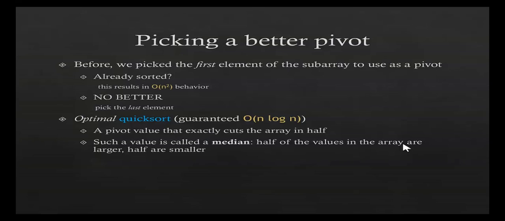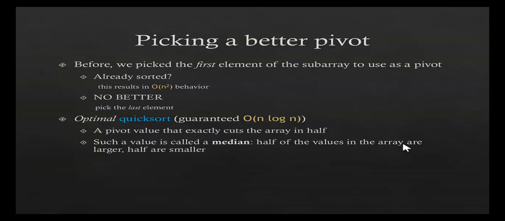This value is called the median. For the median value, half of the values in the array are larger than the pivot value, and half are smaller. So no matter whether the array is sorted or not, if we can select the middle value, the median, we apply our median concept.